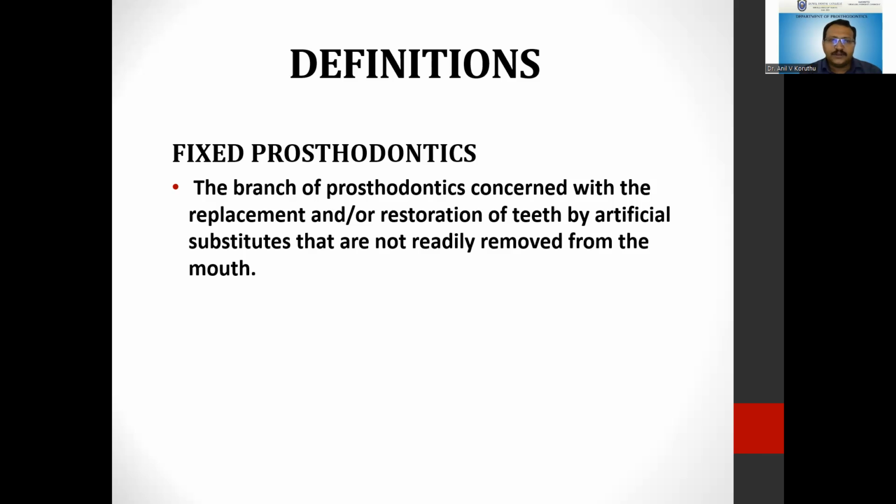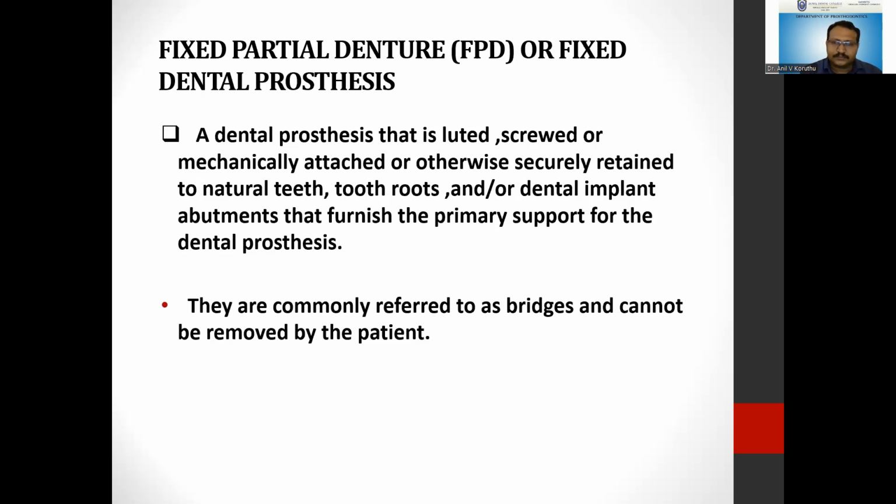Coming to the definition of fixed prosthodontics, it is the branch of prosthodontics concerned with the replacement or restoration of teeth by artificial substitutes that are not readily removed from the mouth.